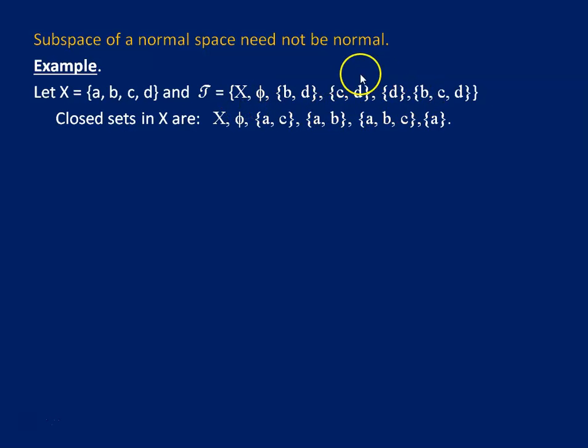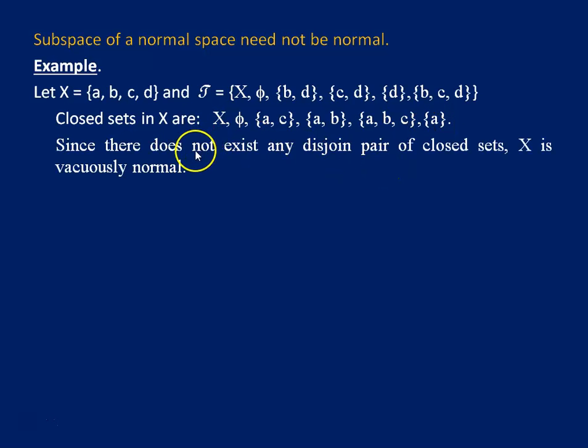Then the complements of these open sets are closed. So the closed sets in X are the whole space, the empty set, the set containing A and C, the set containing A and B, the set containing A, B, C, and the singleton set A. Here we can see that we don't have a disjoint pair of closed sets.